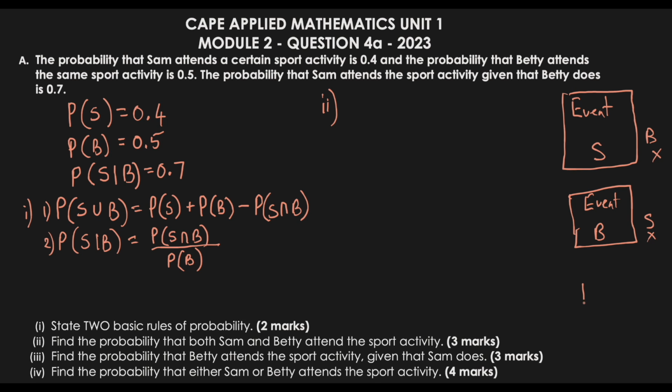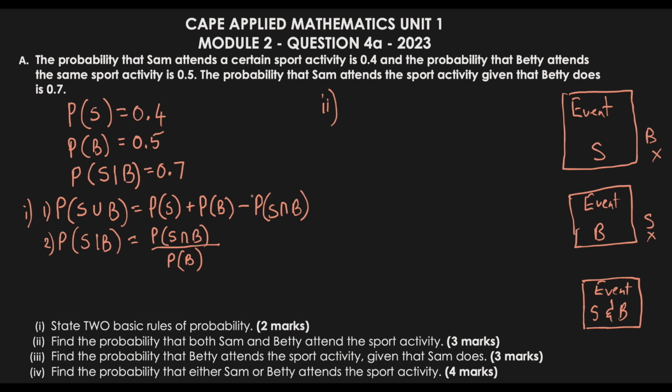But we can also have a situation where both Sam and Betty are there at the same time. So we could either have Sam alone and not Betty, or Betty and not Sam, but we want when Sam and Betty are both there. Because they're going to a sport activity, they can be there at the same time.